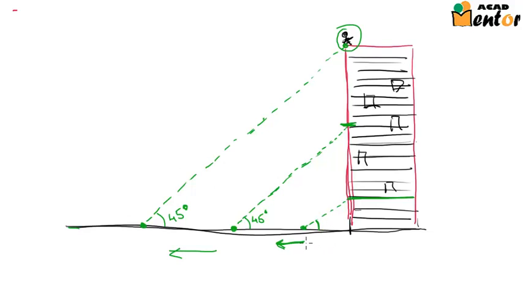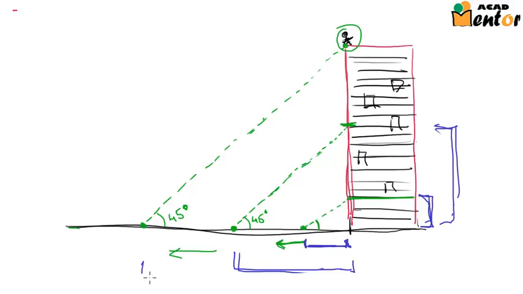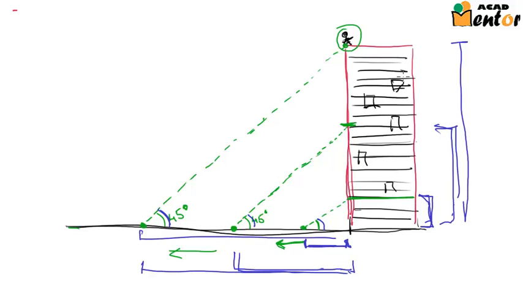So from this example, we see that when the distance from the base of the ant was small, she could see only up to a smaller height. When the distance from the base increased, she could see much higher. And finally, she had to move quite far back to see till the top of the building. So when the angle is constant, we see that there is some relationship between the sides of a right angle triangle. Let's take another case.